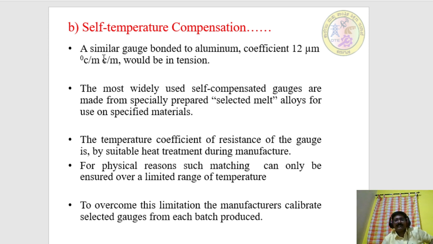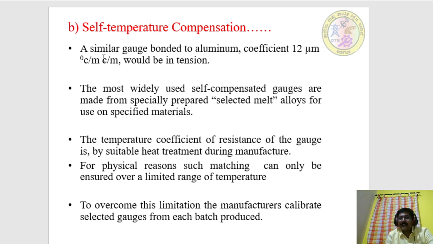See, for this, a similar gauge which is bonded to aluminum, with a coefficient of 12 micrometer per degree centigrade per meter, would be in tension. The most widely used self-compensated gauges are made from specially prepared selected melt alloys for use on specified materials. During the melt, that is in the liquid state itself, they select a particular melt alloy.